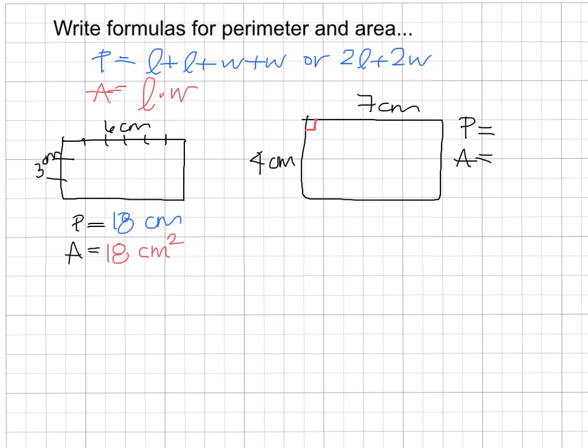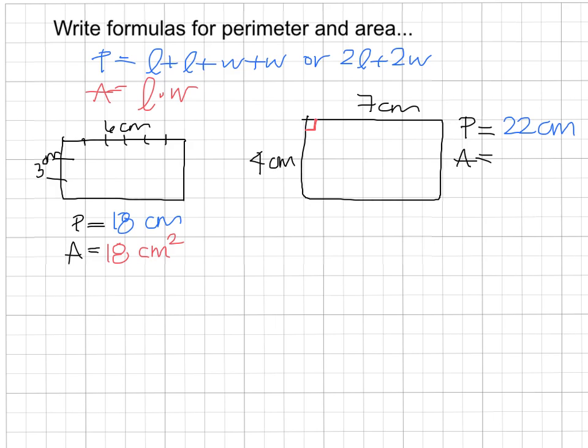We're back, and when we determine perimeter, remember, perimeter is the distance around. So if we walk this way, 7 plus 4 is 11, plus 7 is 18, plus 4 is 22 centimeters.